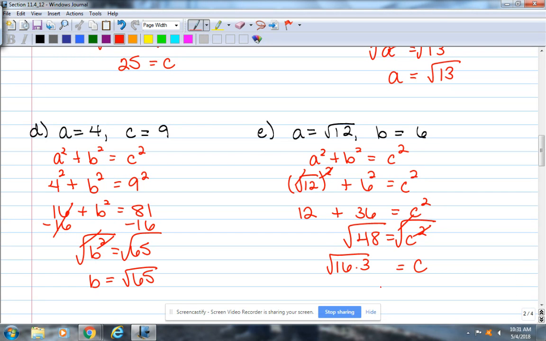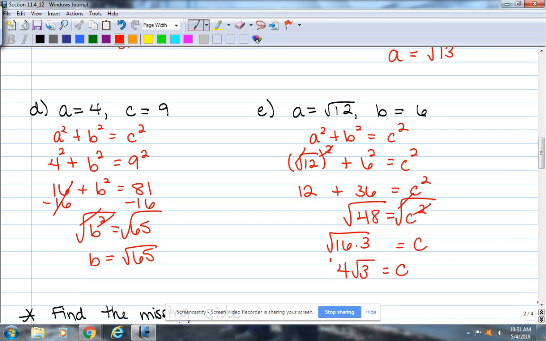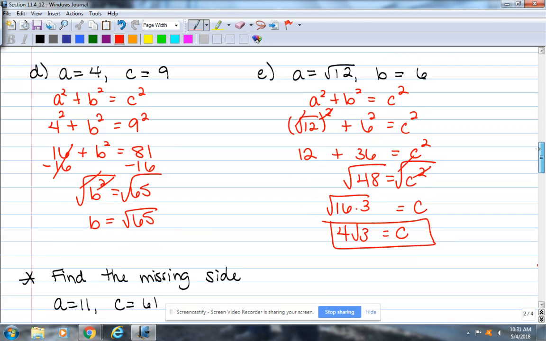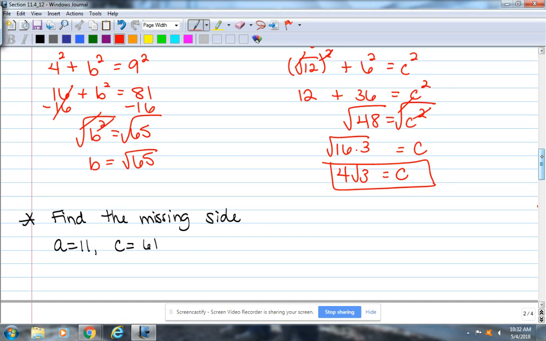And what's the square root of 16? 4. So this one is 4 radical 3. So simplify your radicals if you get something that's not a perfect square. Is that terrible? That's really as worst it gets. All right. So I want you guys to try this one. Find the missing side.